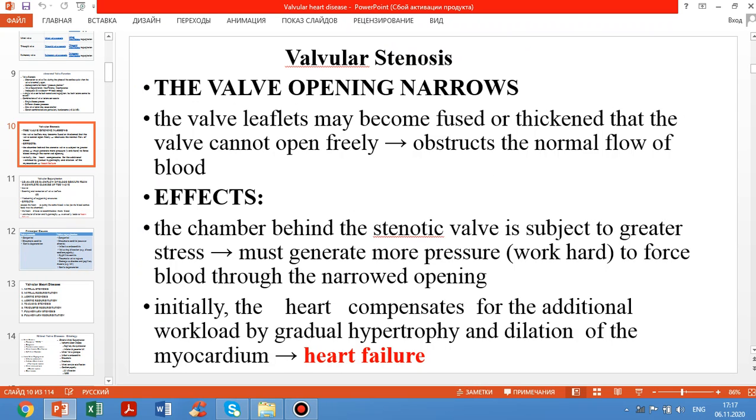Effects: the chamber behind the stenotic valve is subject to greater stress, must generate more pressure, and work hard to force blood through the narrowing opening. Initially, the heart compensates for the additional workload by gradual hypertrophy and dilation of the myocardium, eventually ending with heart failure.